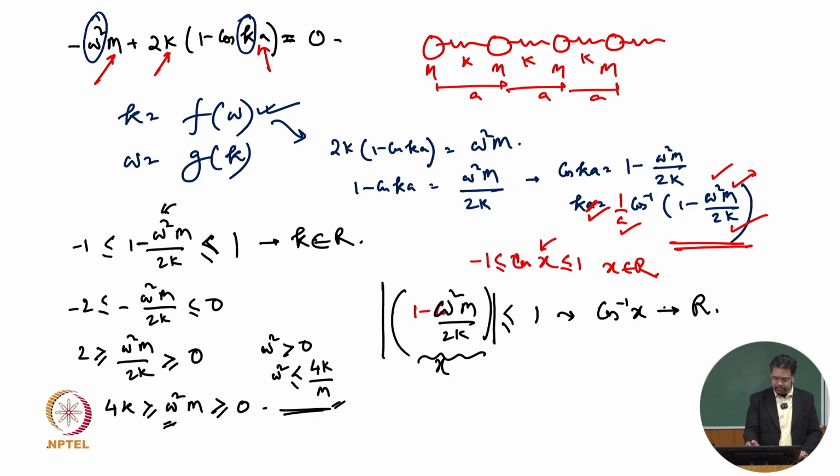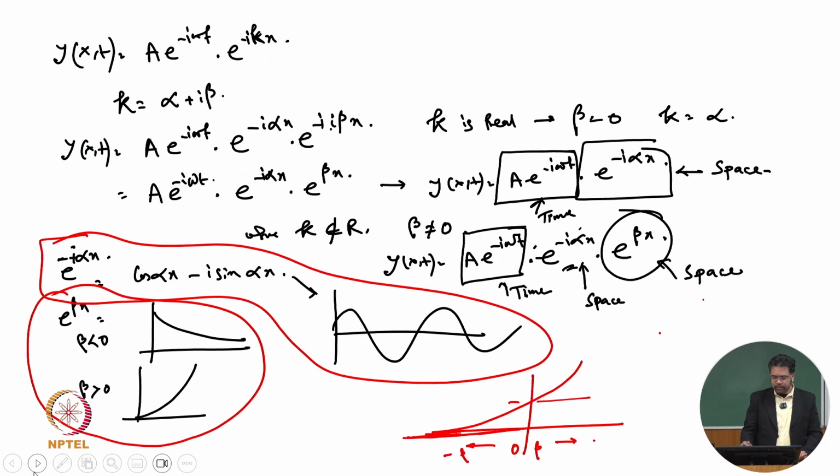Based on that, we tried to interpret the meaning of a real wave number, a complex wave number, and a purely imaginary wave number.